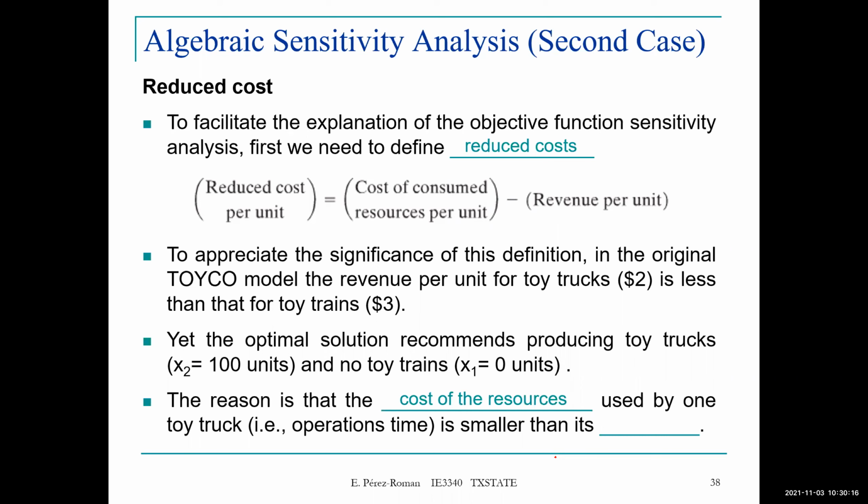The reason is that the cost of the resources used by one toy truck is smaller than its unit price. So again, looking at the benefit cost ratio, even though the profit you're getting for that product is smaller, when you compare with the cost of producing that product, you look at the difference, and it is more profitable for the company to go with the other product.